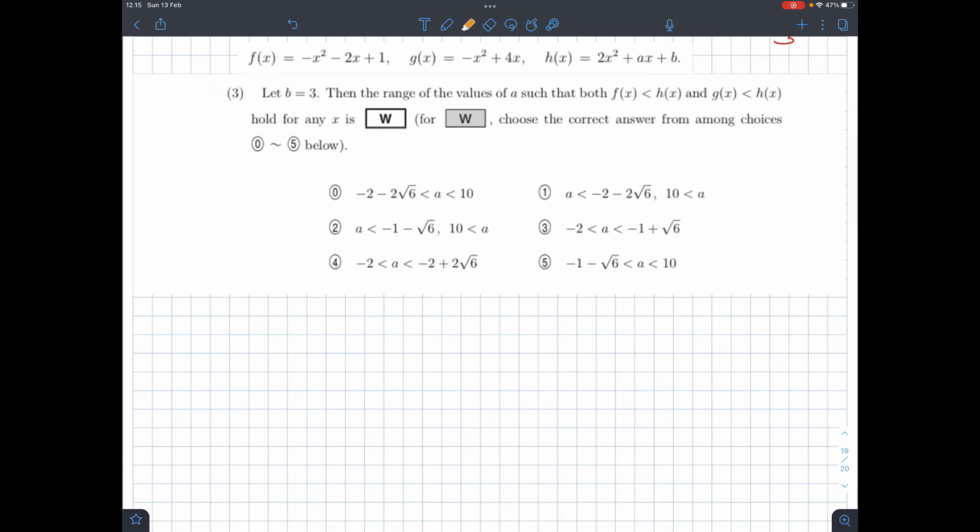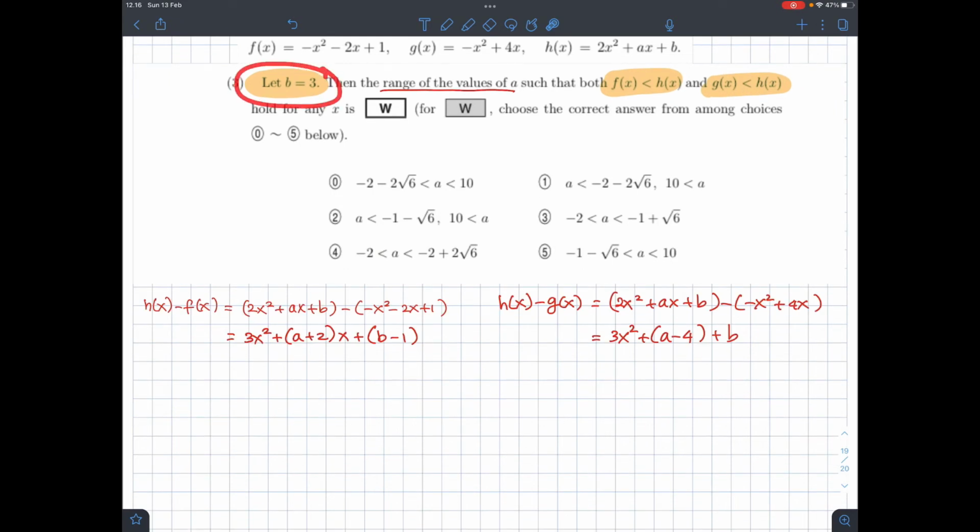Now they give you the value of b equals 3, and we need to find the range of values of a such that this one and this one. Remember, in this third part they already give you the value of b, so you can change it into here. So it becomes this one and this one.